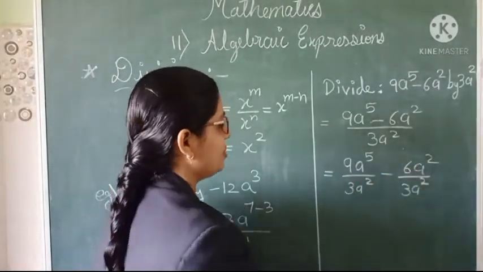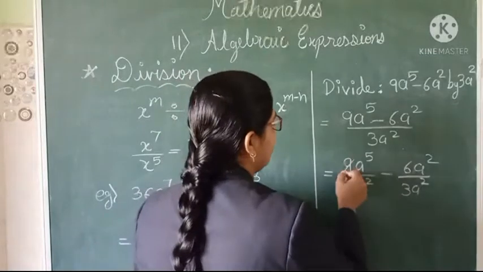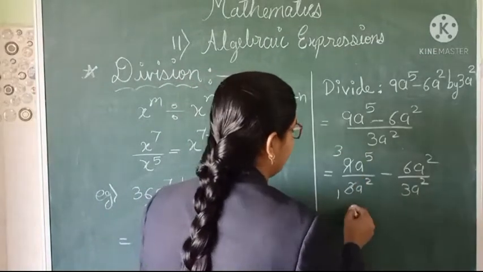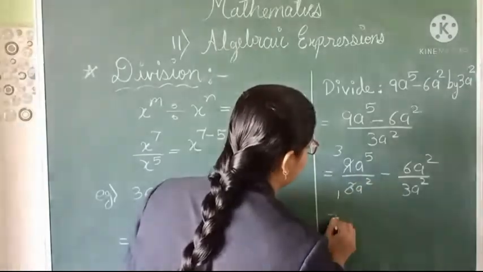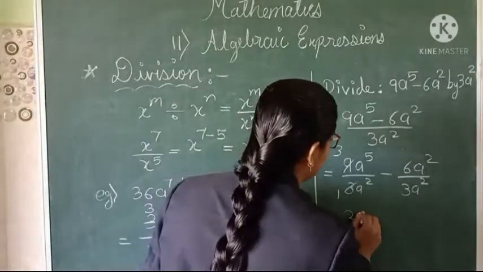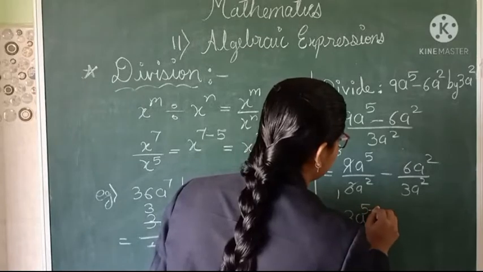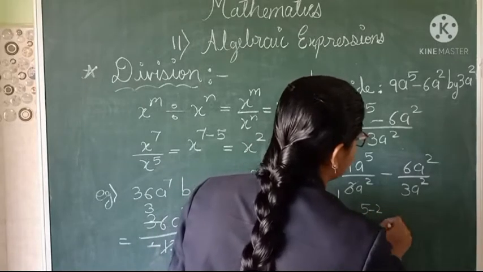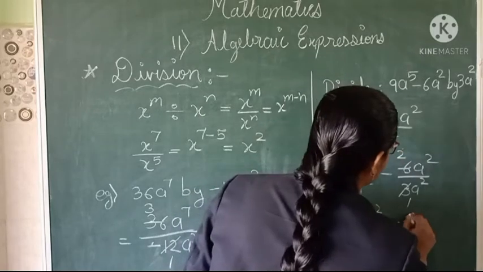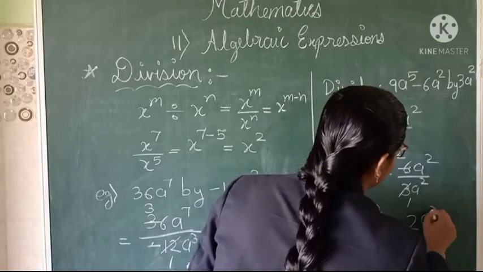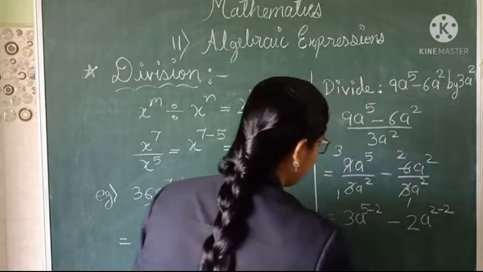Okay. Then now you can divide. 3 ones are 3, 3 threes are 9. Then a raised to 5 and a raised to 2 is there. So what is it going to be? 3 into a raised to 5 minus 2, minus 6, 3 twos are 6, so 2a raised to 2 minus 2. Okay.